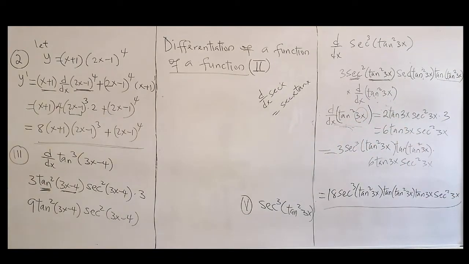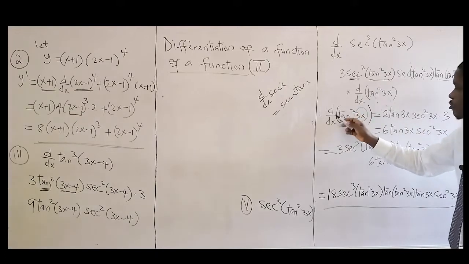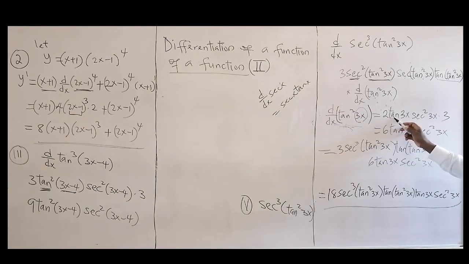We went here to explain the derivative of tan squared 3x, which is what? 2 will go to the front, and that will be 2 tan, 2 minus 1, that's power 1, the function 3x, times the derivative of tan, which is sec squared 3x, and then finally times the derivative of 3x, which is 3, and that will give you 6 tan 3x sec squared 3x.